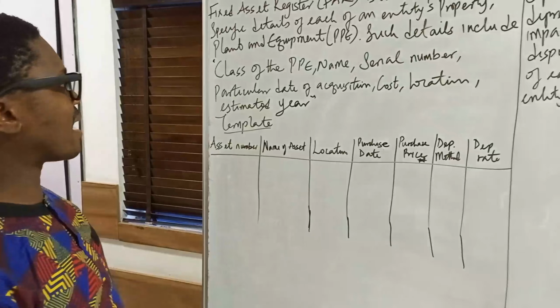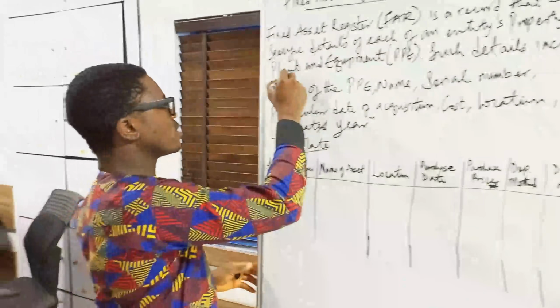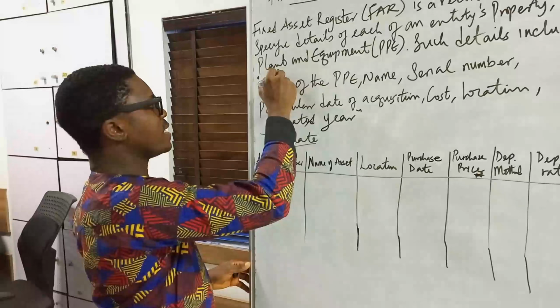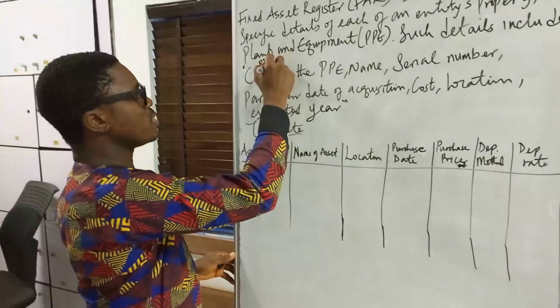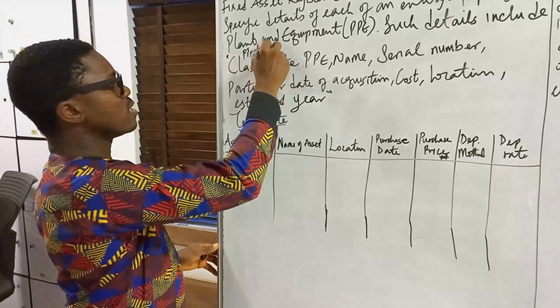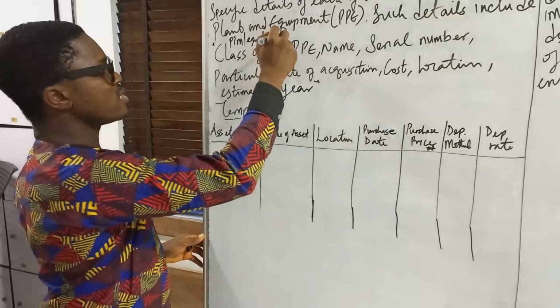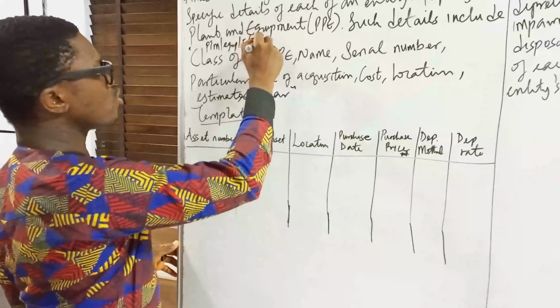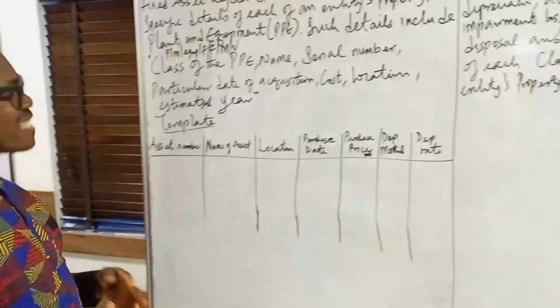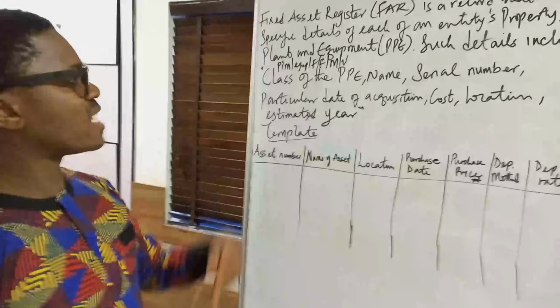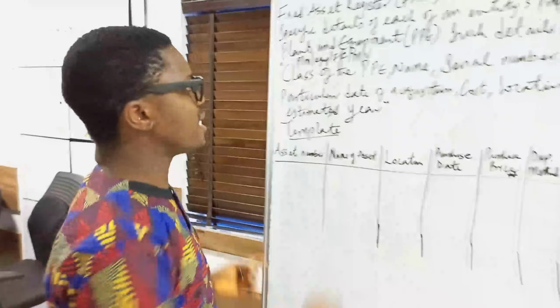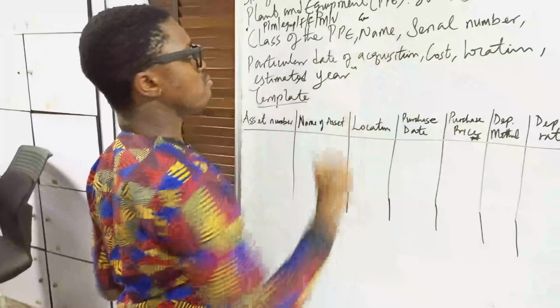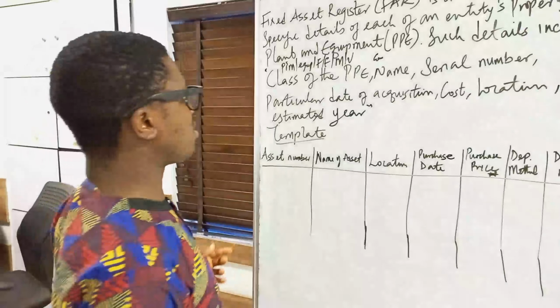We talk about the class of the assets. This could be plant and machinery, equipment, furniture and fittings, or motor vehicle. That is the class of the asset. When we talk about the name of the asset, under plant and machinery it could be generator or machinery.